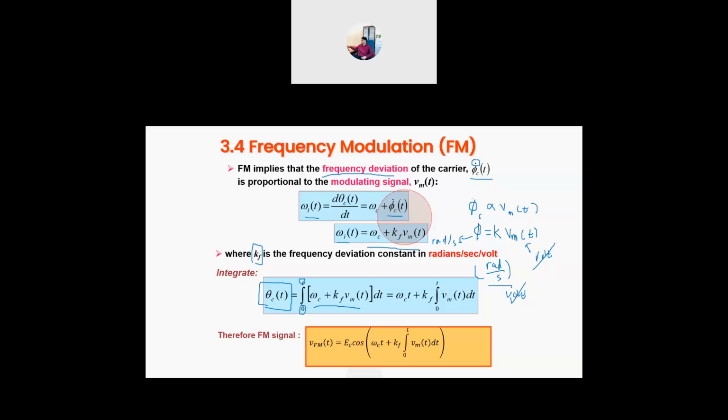Then we end up with V FM(t), the frequency modulated signal, not modulating, frequency modulated signal, equal to Ec cos(omega c t plus Kf, our frequency deviation constant, times the integral of Vm(t) dt).